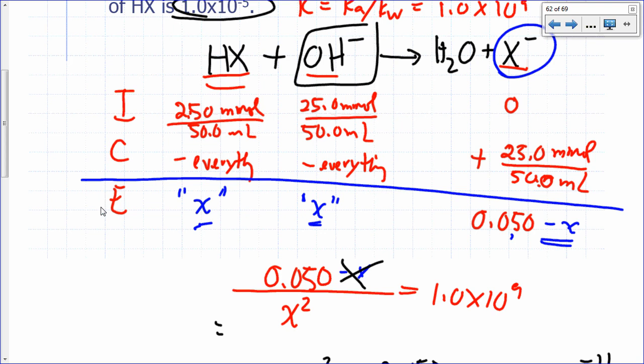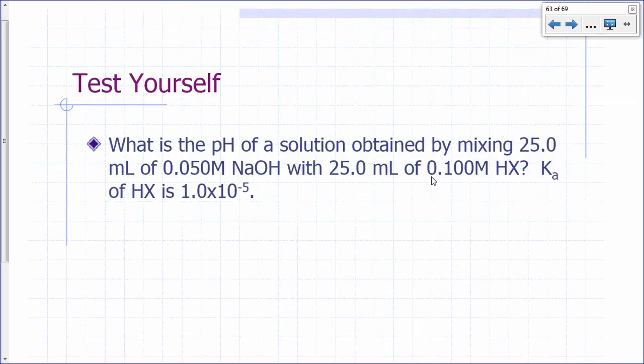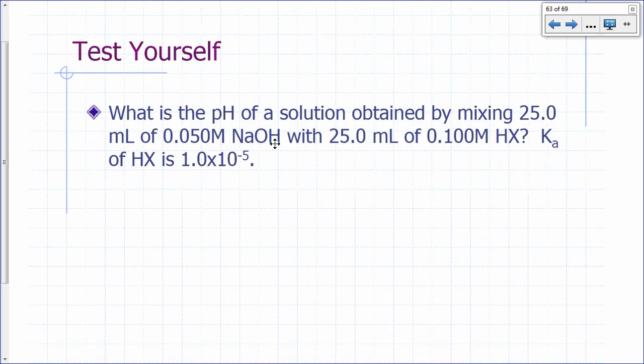And if your KEQ is very large or very small, you're in luck. You can make simplifying assumptions. If your KEQ is not very large or very small, then you might have to go into actual solving of the polynomial, solving for the roots of your quadratic equation. And this is more of the same, so I'm just going to skip that.